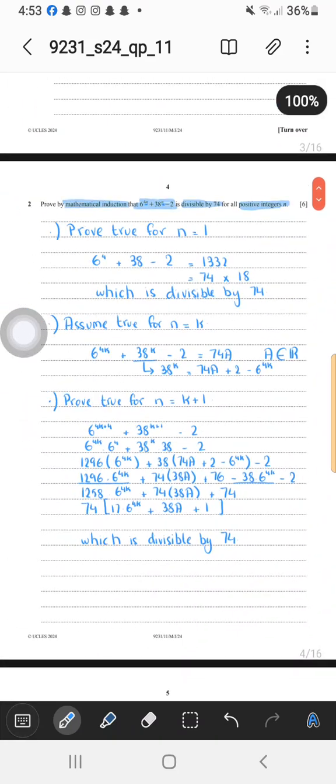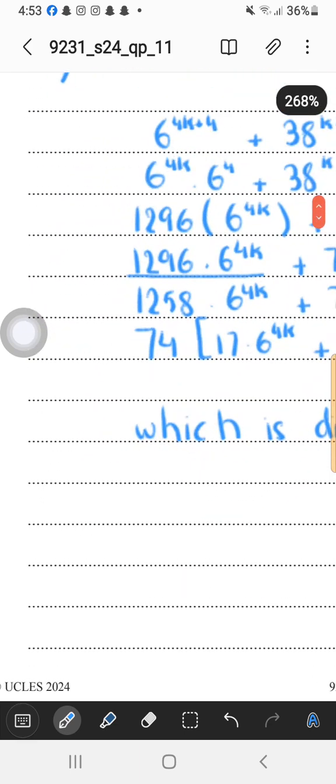Now if we leave it here, we will lose 1 mark for the conclusion. So the conclusion is really important in the exam. So let's write the conclusion.